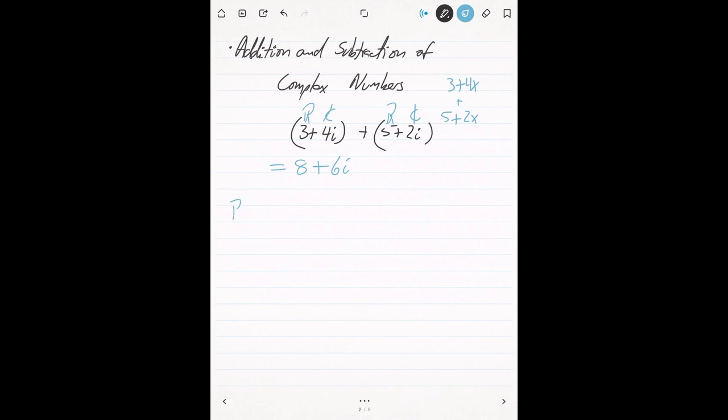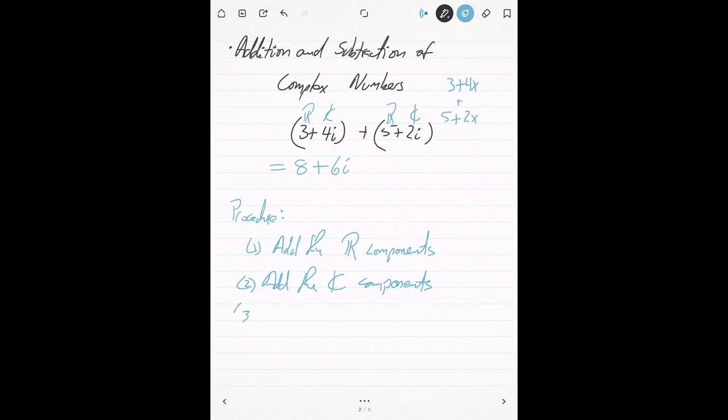So let's come up with a quick procedure. The first thing that we want to do is add the real components. Step 2, we are going to add the complex components.